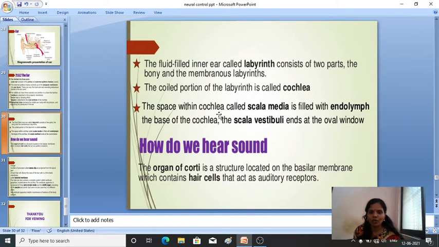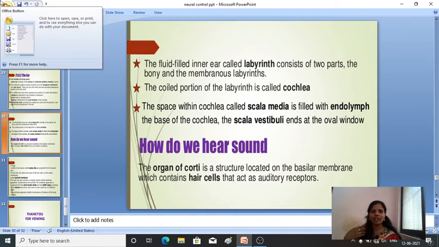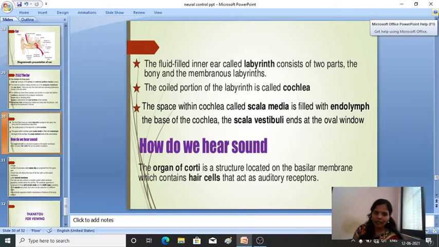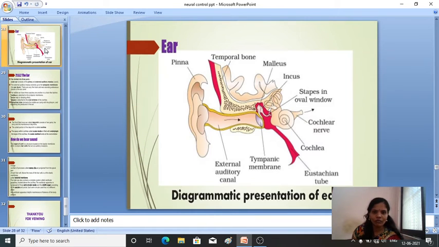The base of the cochlea, that is the scala vestibuli, ends at the oval window. So this is the scala media and the scala vestibuli. The scala media is filled with endolymph, and the scala vestibuli ends at the oval window.